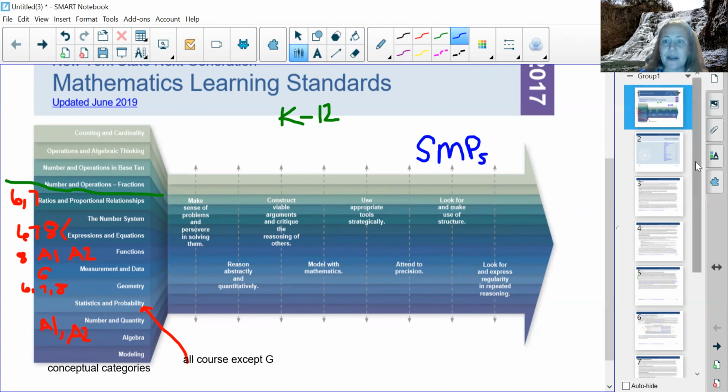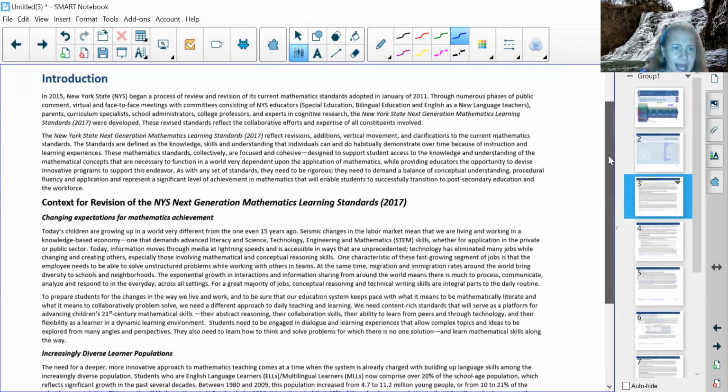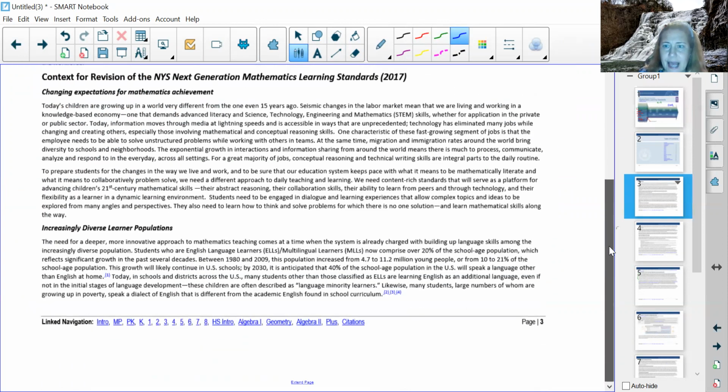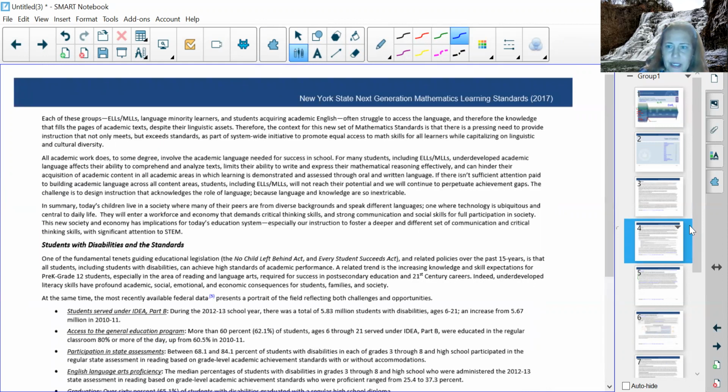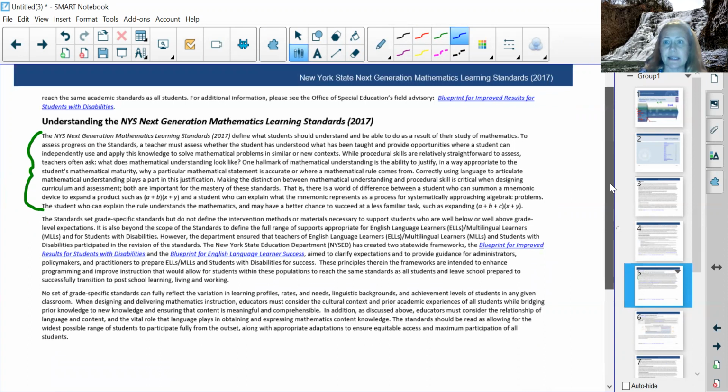Okay, then there's a lot of stuff you can read here. If we go on to this page, I highlighted a few things that I want to read together. You're welcome to read any and all of this, but here's something I want to highlight, because this paragraph I think does a really good job of describing the interplay between process standards and content standards.